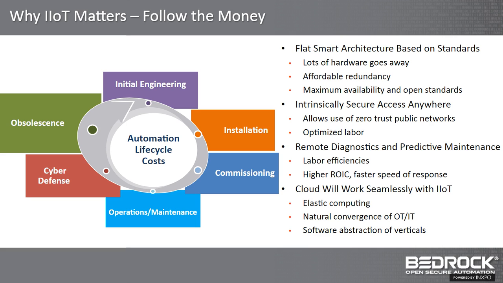Intrinsic security and intrinsic secure access anywhere. So any operator, based on role-based access defined, can exist on zero trust public networks, and you will certainly optimize your labor cost.